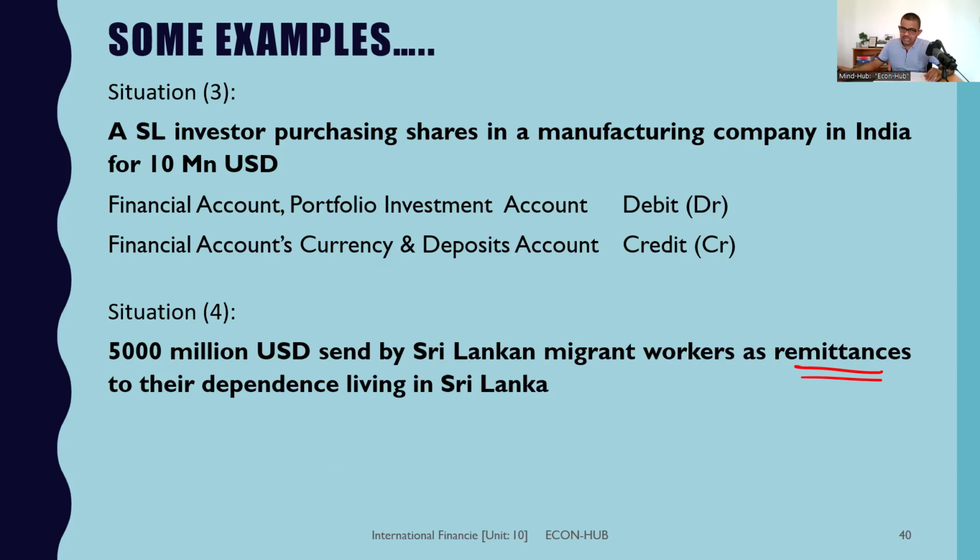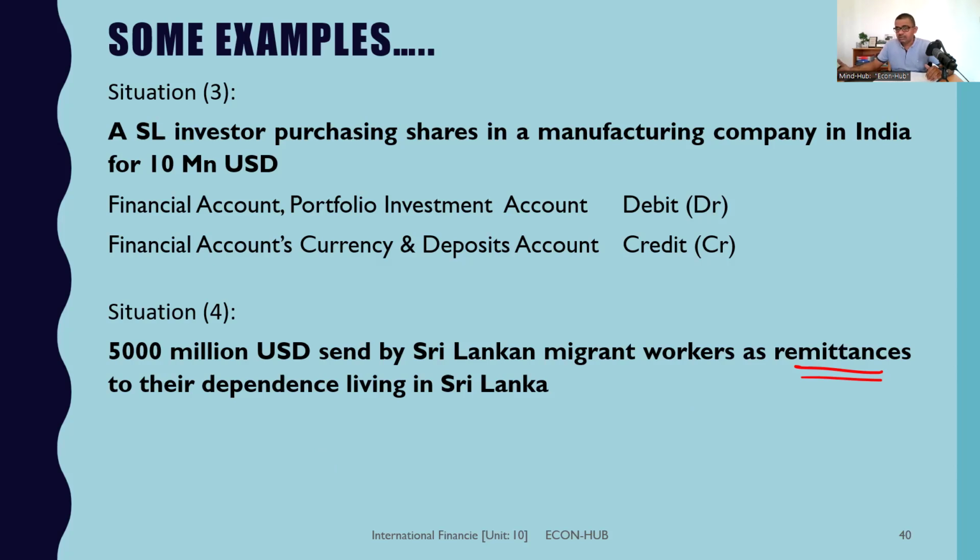It's not necessarily a payment. It's not necessarily a bilateral thing. It's unilateral. It's not transaction nature, transfer nature, right? And it happens on an annual basis, which means it's current in nature.